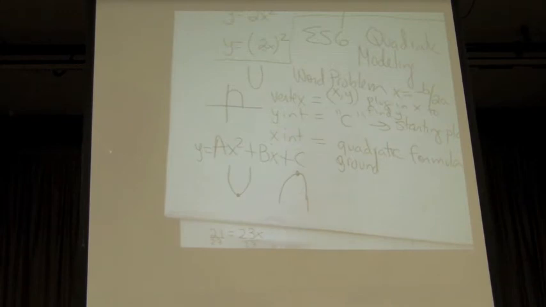It also represents the parabola's what? Maximum or highest point. So, when you hear a question like, what is the maximum height the ball reaches? Or how long does it take the rocket to reach its highest point? You pay close attention to highest. And that tells you I'm looking for my vertex.